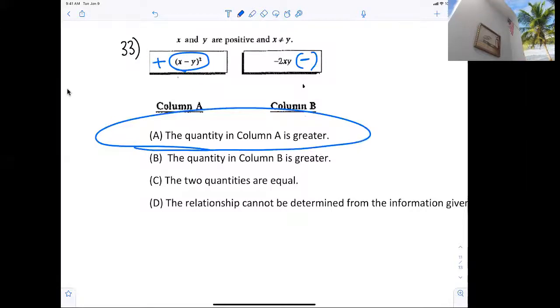All right. Now look, some of you are like, oh, you got to be thinking about it. No. The quantity in B must be negative because X times Y multiplied together is going to be a positive, and then I'll multiply by -2.